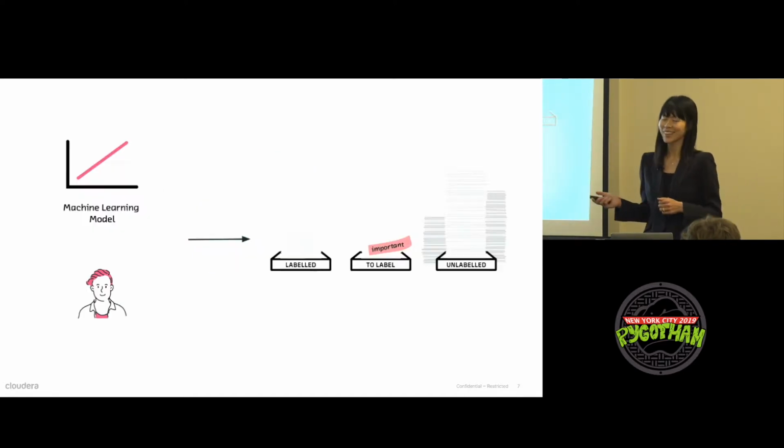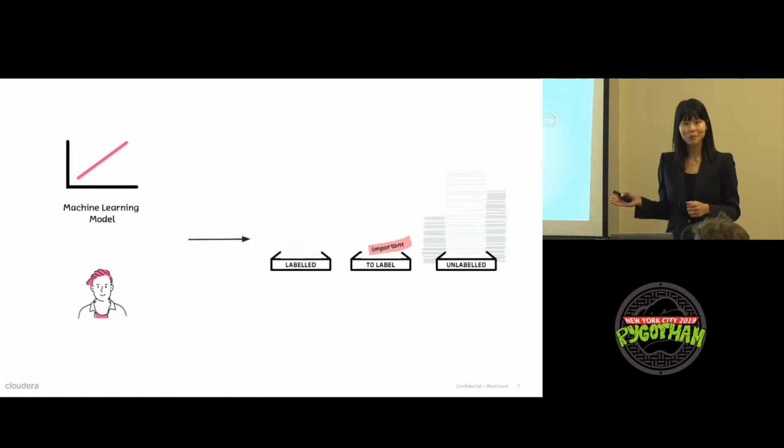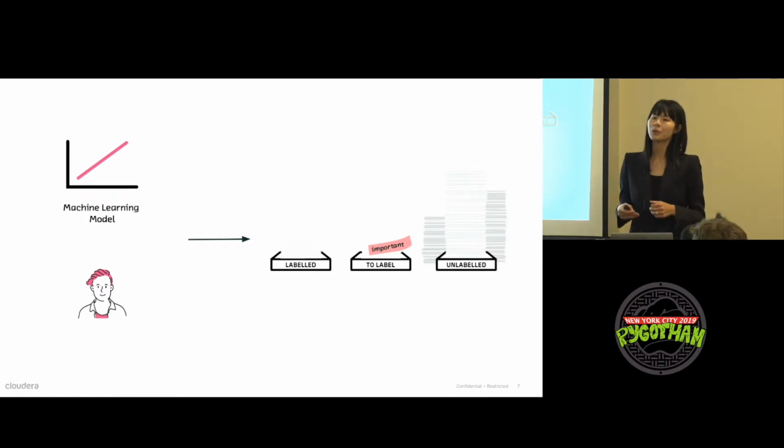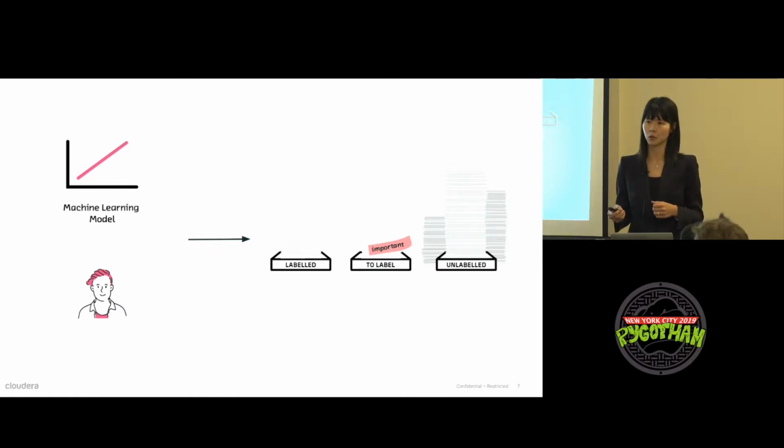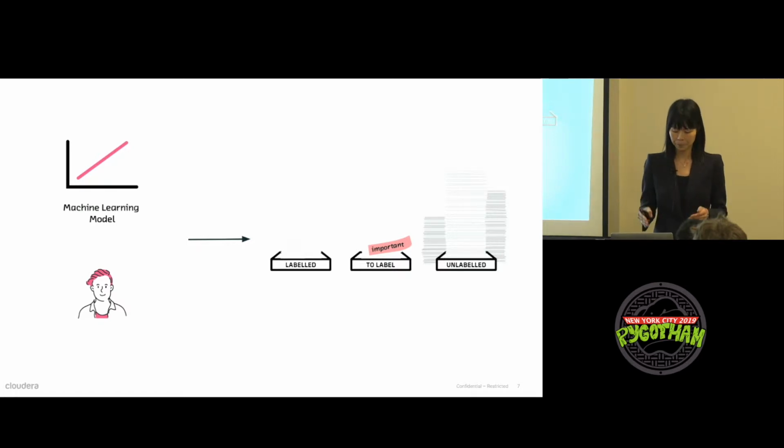The answer is yes. So with active learning, we can take advantage of the collaboration between machines and humans to help us smartly select a small set of unlabeled data to create labels for. We can then build a machine learning model using this small set of data.